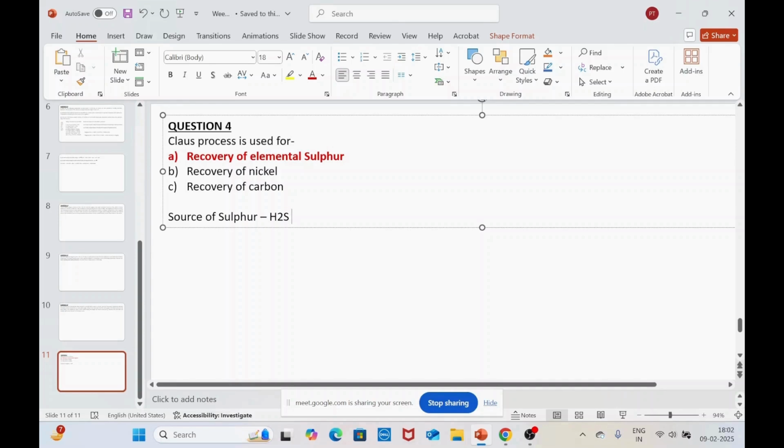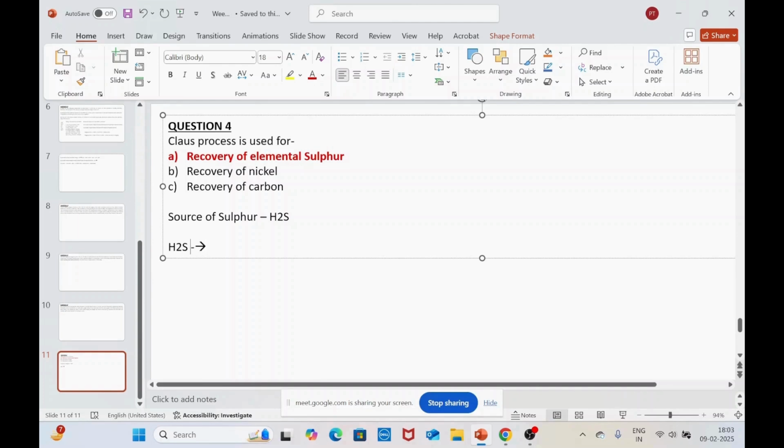Again, we need to discuss a few things here. The Claus process is basically used for recovery of elemental sulfur, that's okay, but what is the reaction? How is this H2S going to give us elemental sulfur? What is that reaction process? Anyone have an idea on those two reactions? Let me just write that.